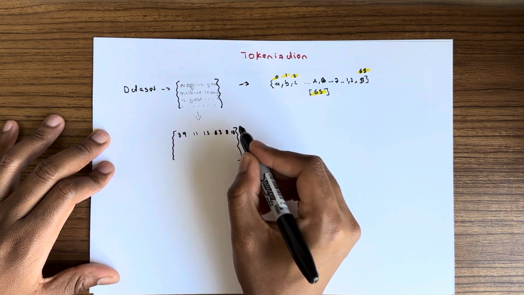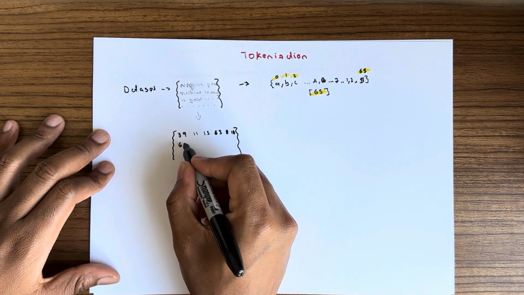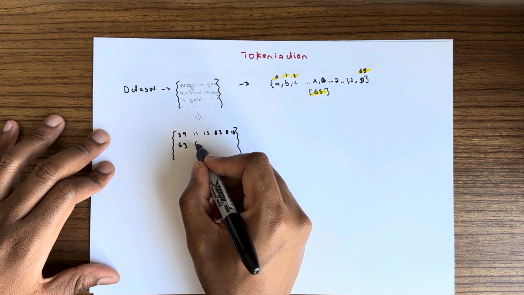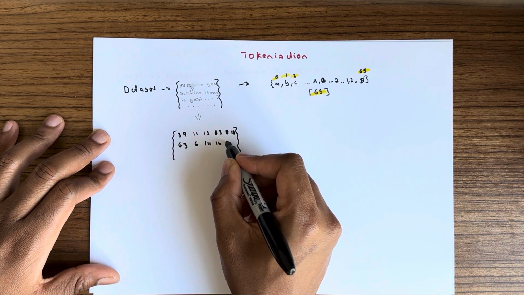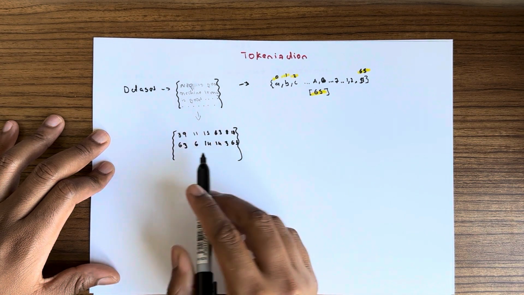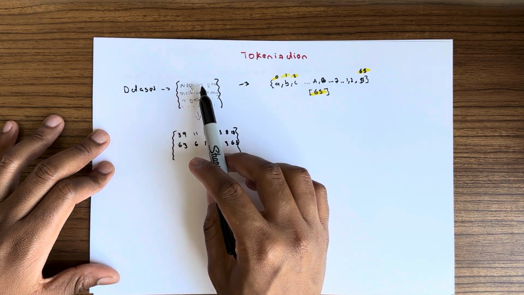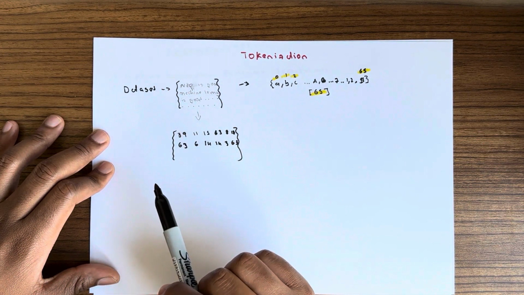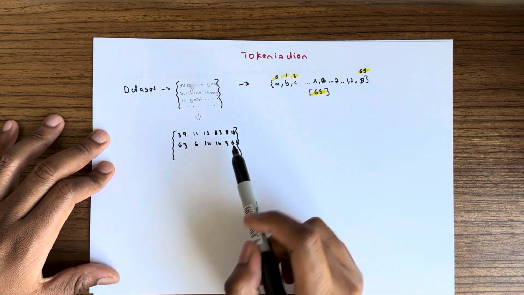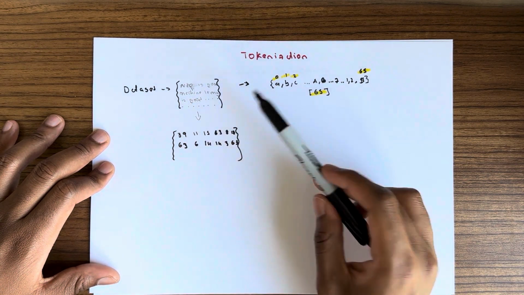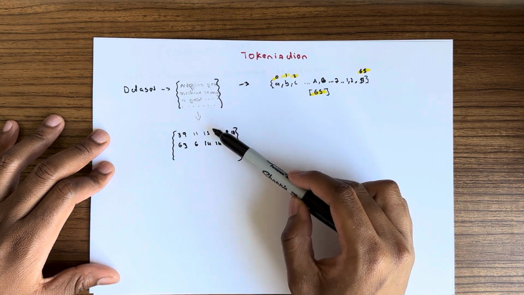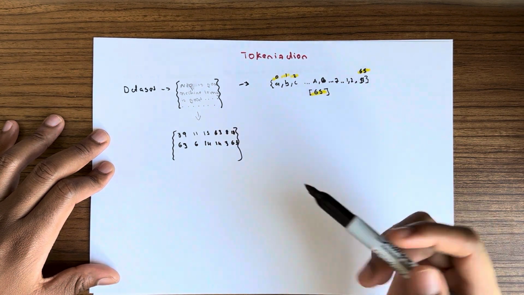Say 18 and 63, 6, 14, 14, say 3 and 63. So I'm just writing the index of all the characters in my data set. Now we have taken the first step to converting the data to a numerical form.